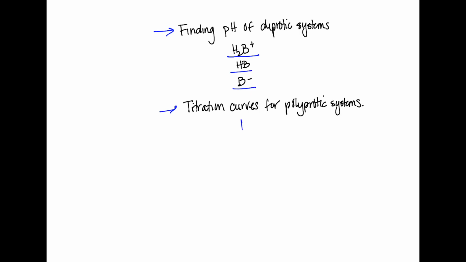Those points are very related to the points that we learned for monoprotic systems. So we have buffer regions, we have equivalence points, we have halfway between the equivalence points. All those, if we keep them in mind, are special and can reduce the amount of calculations that we have to do. Keeping track of them overall and knowing where you are in the titration can help you know whether you can make those shortcuts or not.